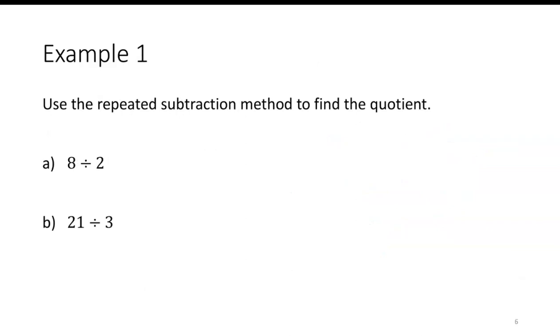Now use repeated subtraction to find these quotients. Well, 8 minus 2 is 6, minus 2 is 4, minus 2 is 2, minus 2 is 0. And so for 8 divided by 2, I have 4 different subtractions. So 8 divided by 2 is 4.